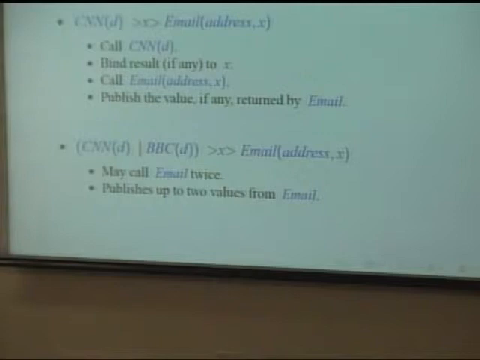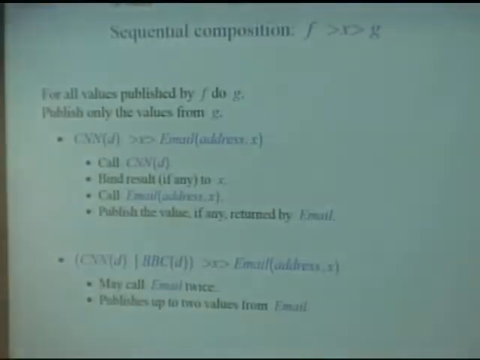Now, here is sequential composition. And the idea here, as I said, is for all values from f, do G. Start evaluating f, and whenever it publishes a value, bind that to x, and start a new instance of G executing with that value.